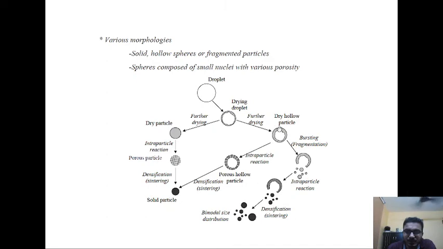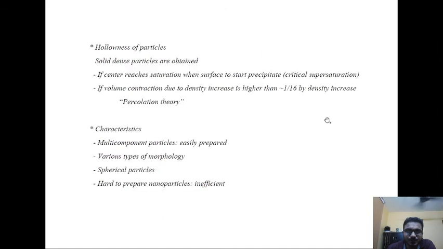On the other side we have the dry hollow particle, in which fragmentation gives us intra-particle reaction, which after sintering gives us a bimodal size distribution. On the other side of this dry hollow particle, through intra-particle reaction we get a porous hollow particle, and further sintering again gives us the solid particle. So these are the various morphologies.